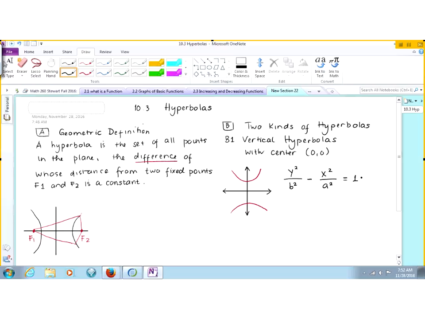Do you want to follow the book? Because it's confusing, I always use b under the y and a under the x. This is different from the book, but it's a lot easier because you don't have to memorize the formula. Let me write down that this is different from the book.